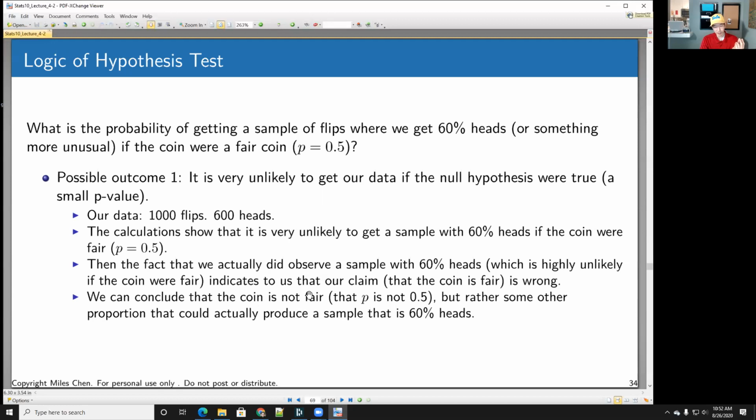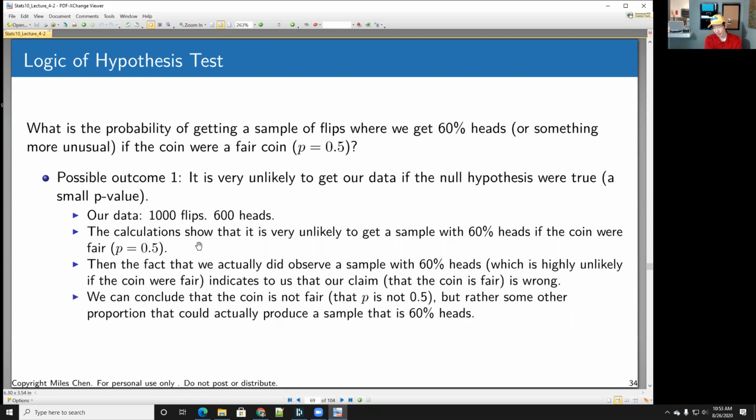So based on the evidence that we've collected, based on the data that we've collected, we can conclude that the coin is not fair, that the proportion P is not 0.5, but rather some other proportion that could actually produce a sample that's 60% heads. So perhaps the coin is unfair and the true probability that it lands heads is, I don't know, 58%.